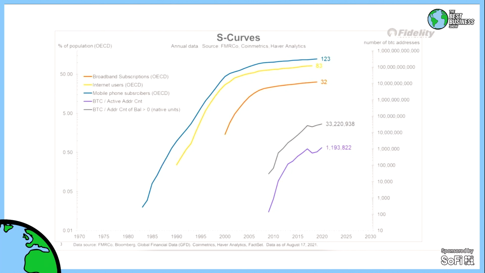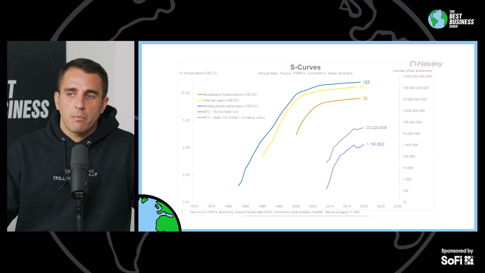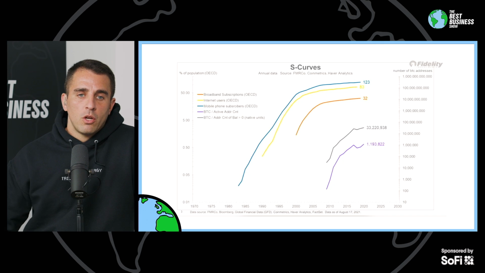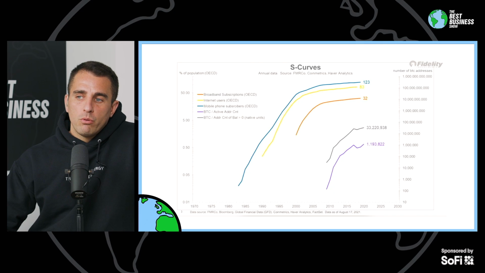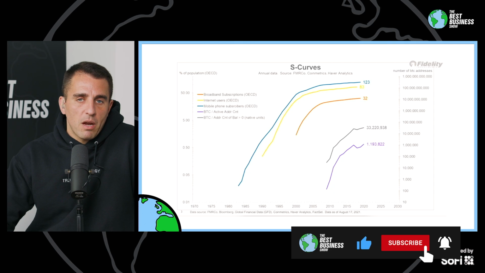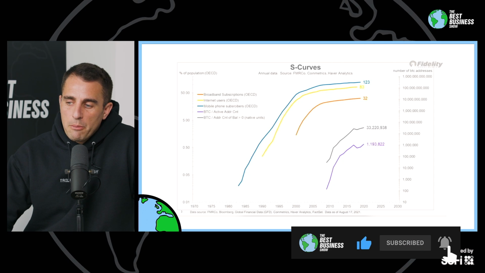And what you see is that we are definitely watching very rapid growth, but nowhere near as deeply penetrated yet as the internet users, the mobile phones, or broadband subscriptions. Not surprising. But what you can definitely tell is there's a much steeper climb to those adoption curves, right? You're being built on top of these legacy technologies that everyone uses. And so it's something to keep paying attention to.